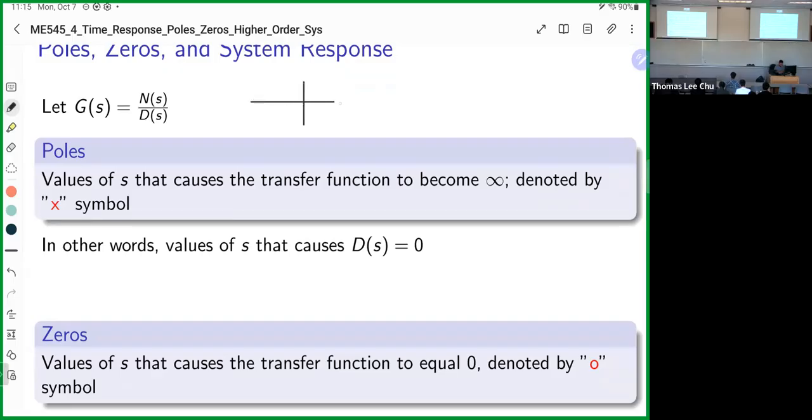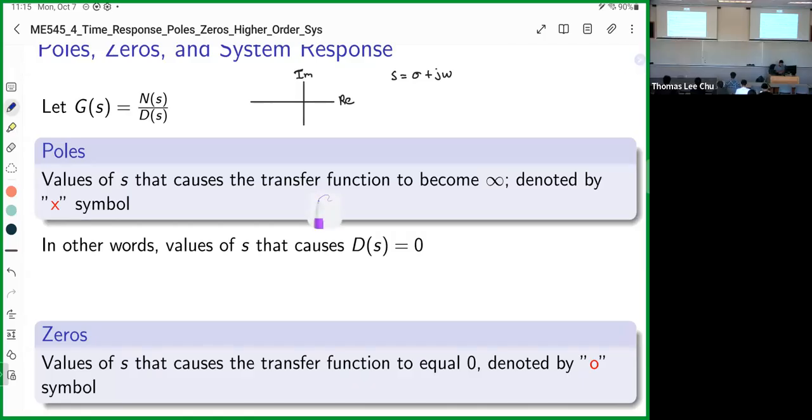a graph here, my horizontal axis is the real axis, and the vertical axis is the imaginary axis. The reason is because the S domain is in the real plus imaginary domain. So that's why we have the real and imaginary axes.